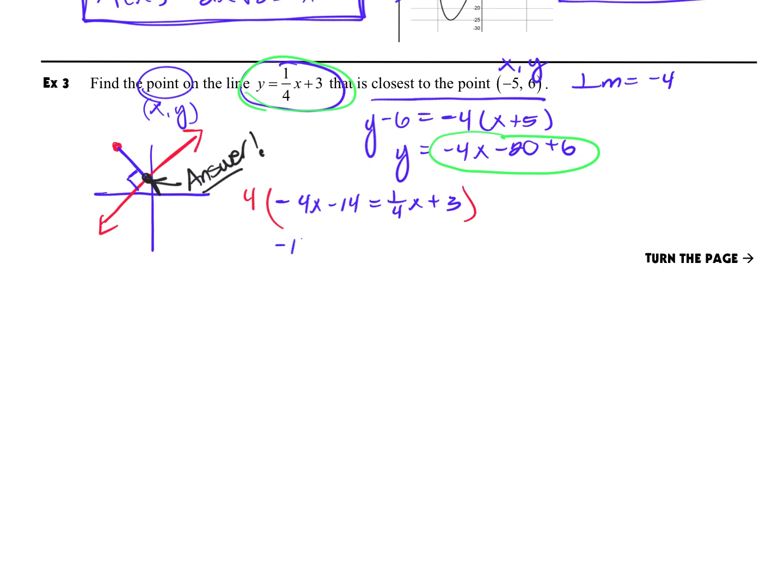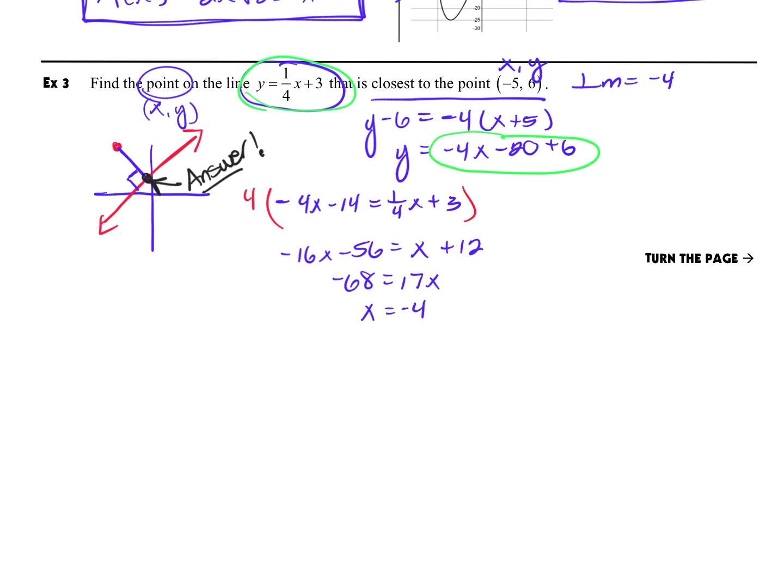Oops, I got ahead of myself. Okay, I'm going to say, yep, -16x. Now I'm going to say minus 56. When I distribute all the way over, I'm going to get an x plus a 12. Just keep solving. 17x is going to be a -68. So x is going to be -4.